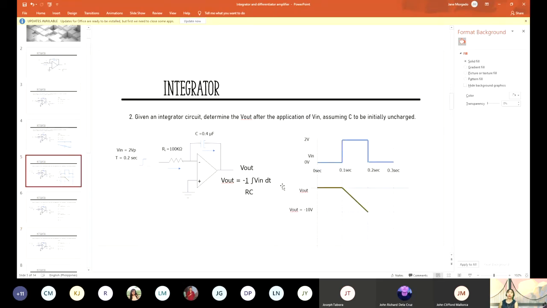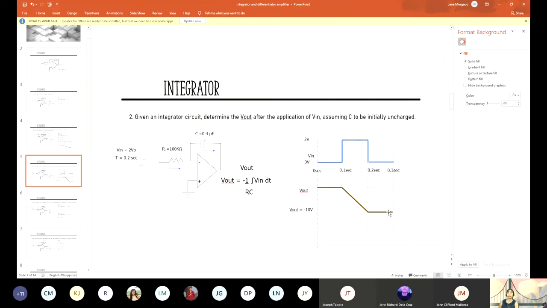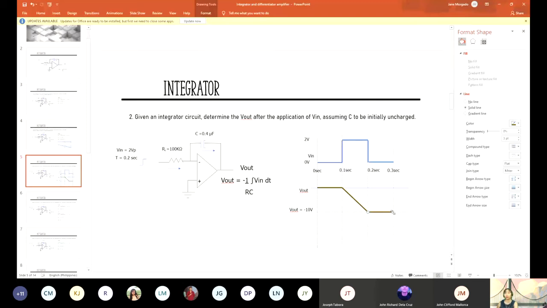From 0 to 0.1 the answer is 0, and then it dropped to -10. From 0.2 to 0.3, it's still at -10. That's how the output waveform will look. If you have another input of positive 2 volts, it will slide down from -10 to -20.